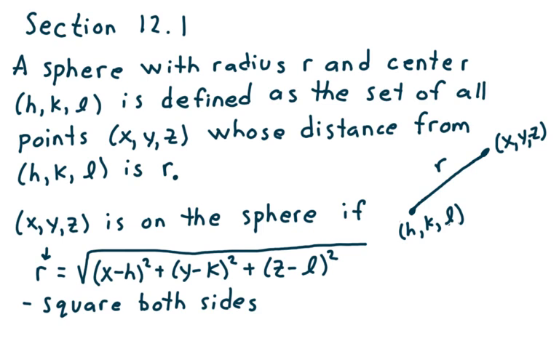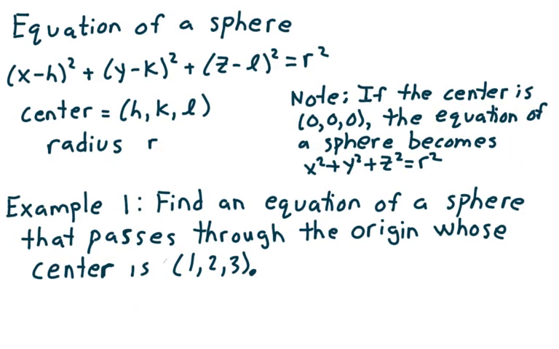Now what we want to do is square both sides. And when we square both sides, we get the equation of a sphere. So the equation of a sphere is (x minus h) quantity squared plus (y minus k) quantity squared plus (z minus l) quantity squared is equal to r squared.